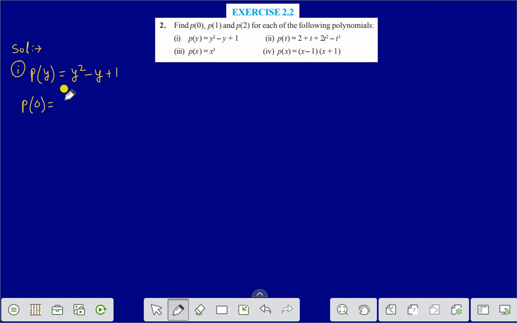That is, we are getting 0 square minus 0 plus 1, and that is equal to 1. We'll find P2.